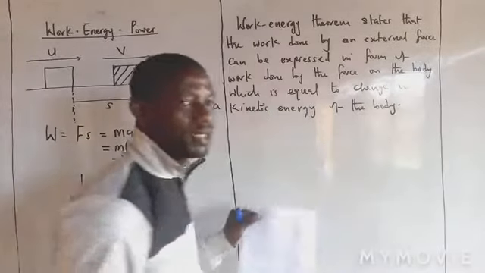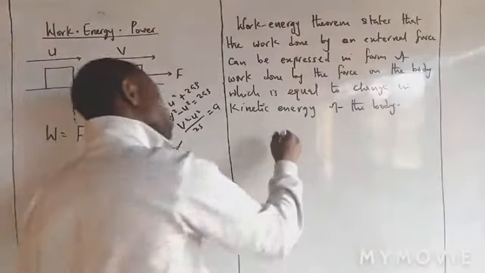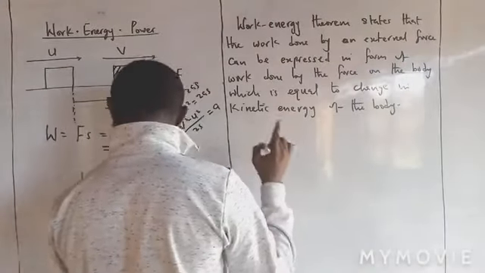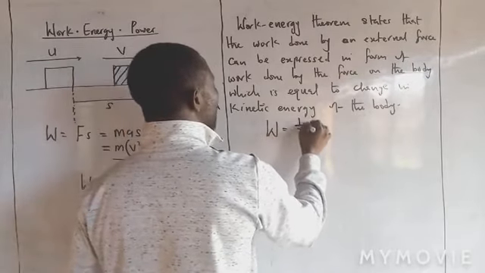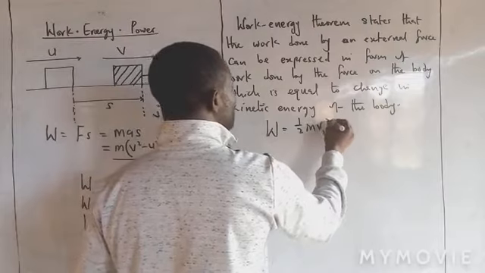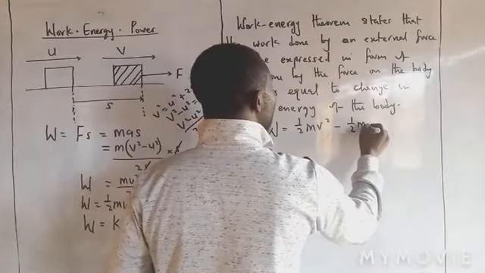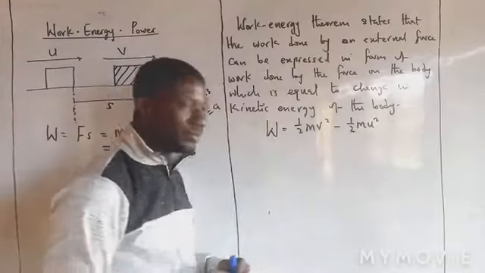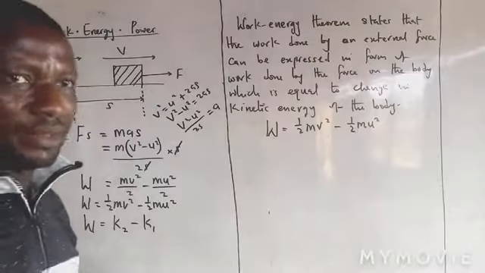Very simple. It is as simple as that. Write it like that, you will get your 2 marks. But you can always finish it with work is equal to half mv square minus half mu square, and you will earn your mark.